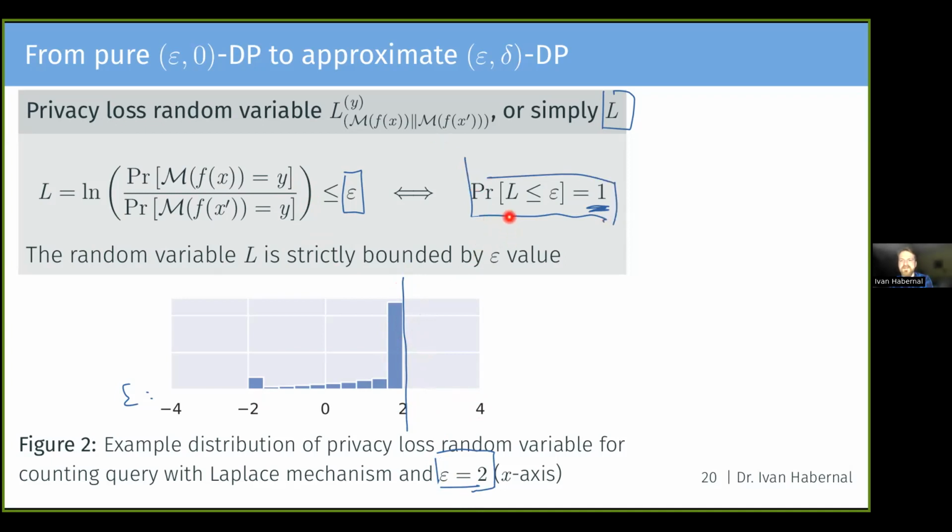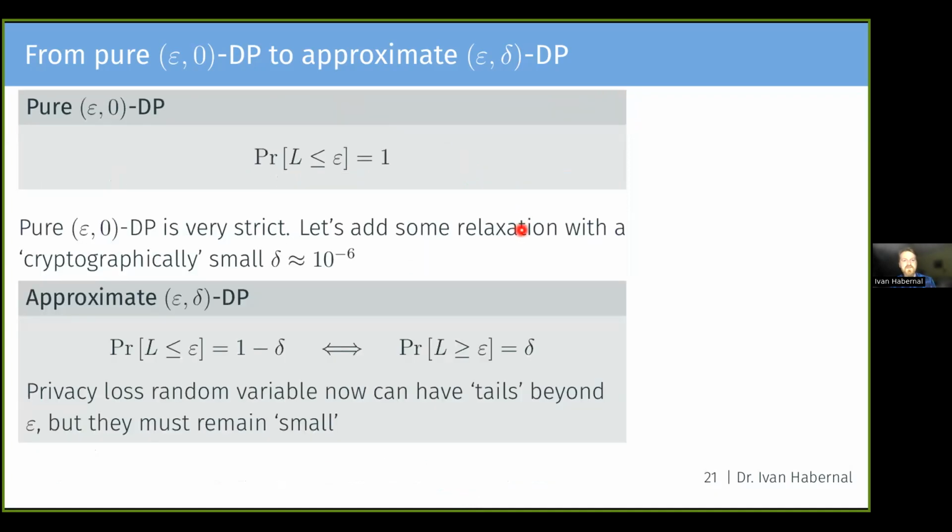This is great, but this is very strict, and we maybe want to relax it. So here again, this is the pure differential privacy, so this always holds. But we can add some relaxation with what they call a cryptographically small delta. So typically 10 to minus 6, 10 to minus 7, it's a hyperparameter, which we again need to choose, but it's a really small number.